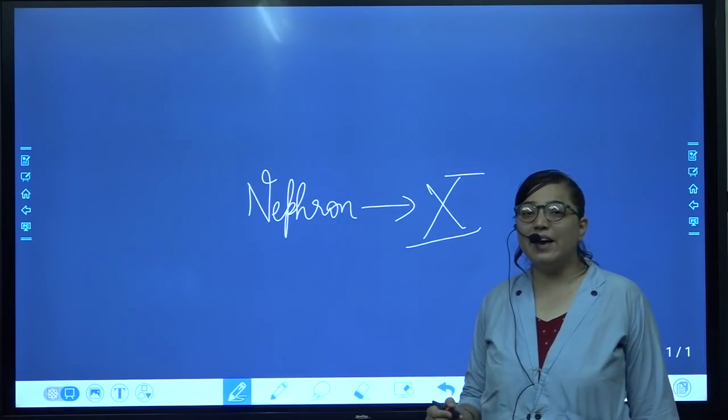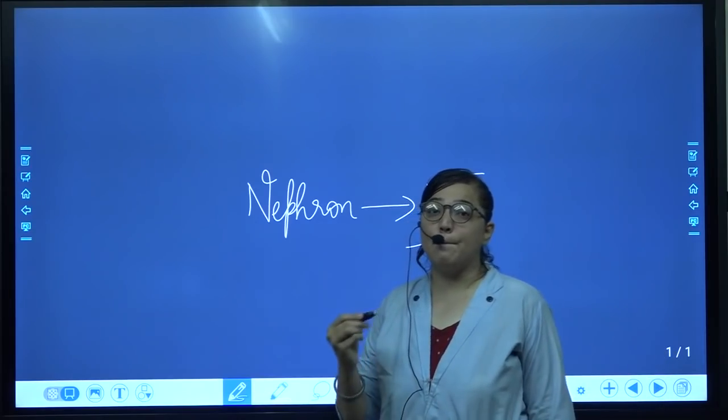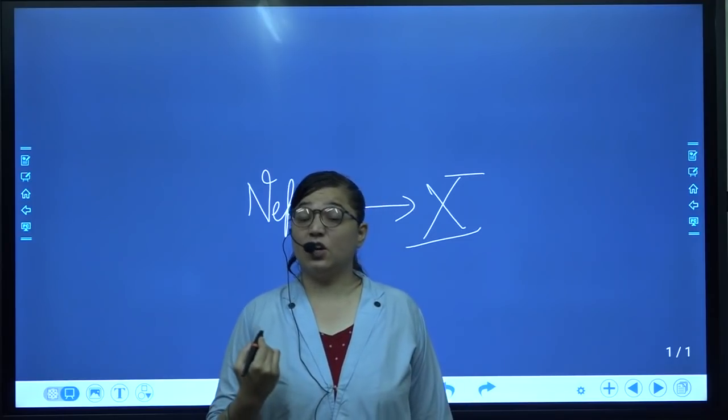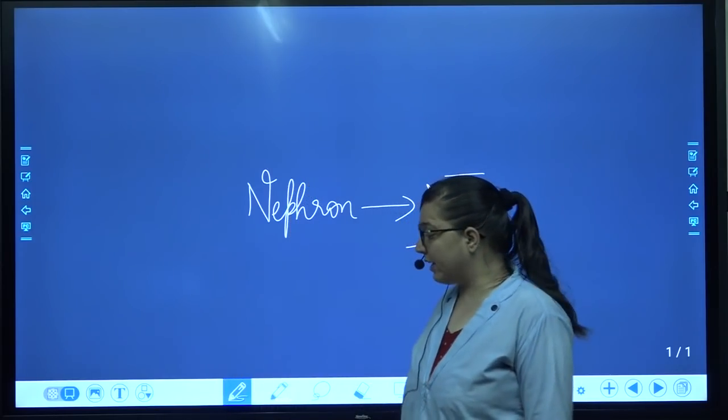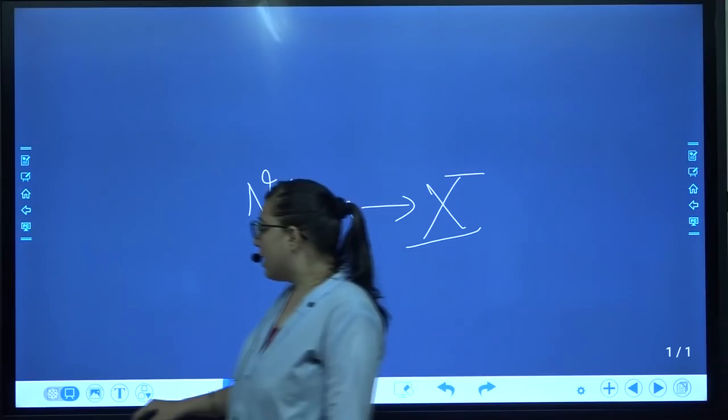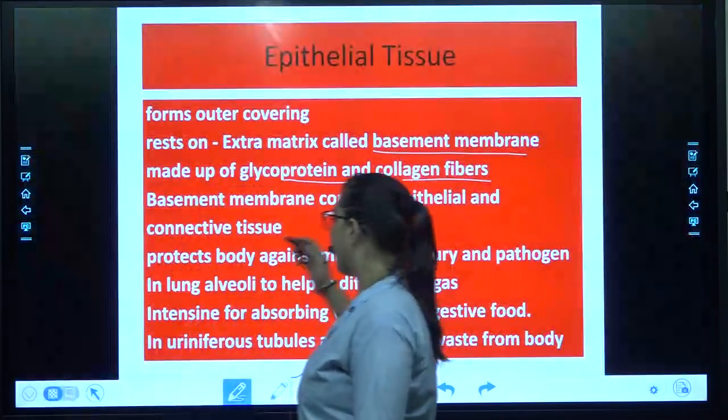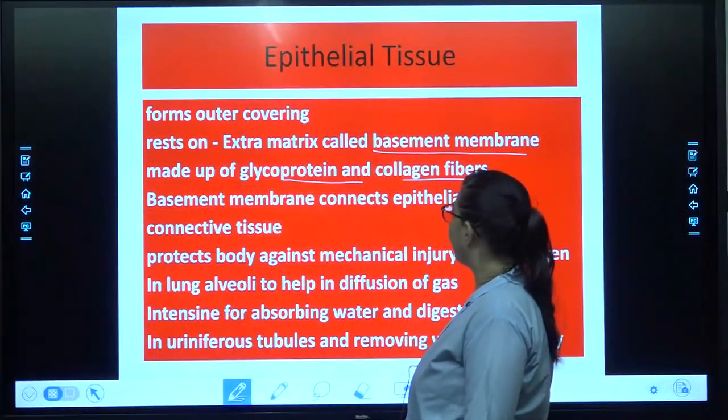So in the nephron, you will have many uriniferous tubules. Alright, now that is about epithelial tissue.